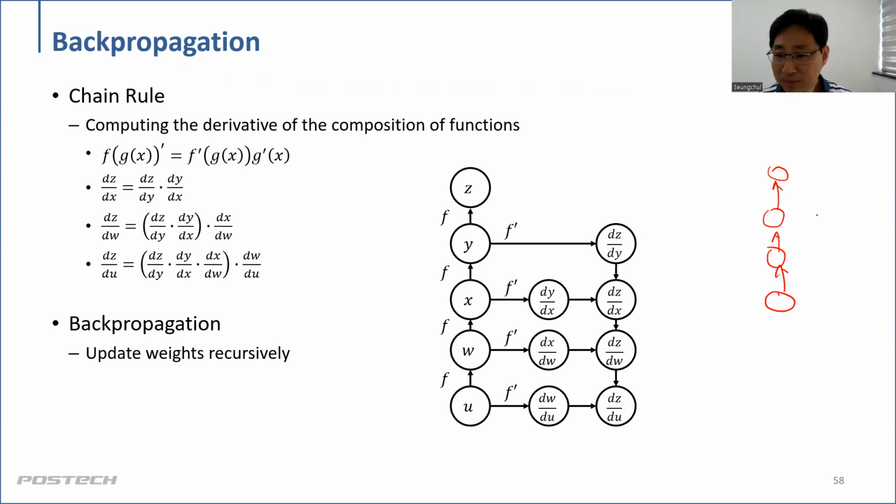And the functions are gonna be different, like f of 1, f of 2, f of 3, and f of 4. In order to make it simple, say all the functions are the same, just for explanation. In that, we have the values u and omegas and x and y, and the output is z.